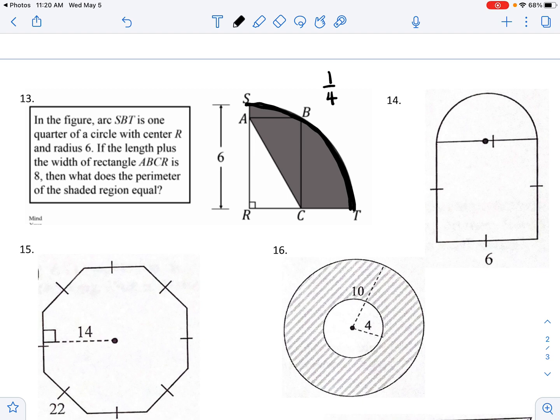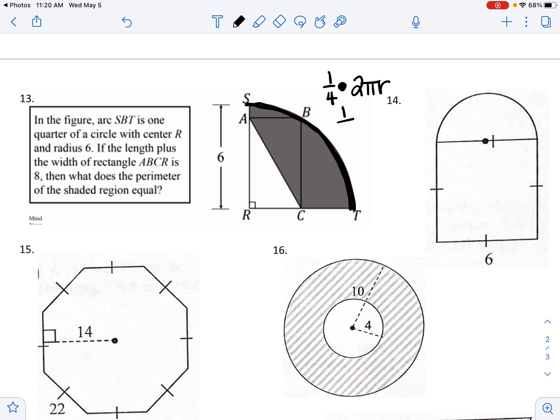And to find the circumference of a circle, remember it's 2 pi r. It is 1/4 times 2 pi r. Now the radius is 6.